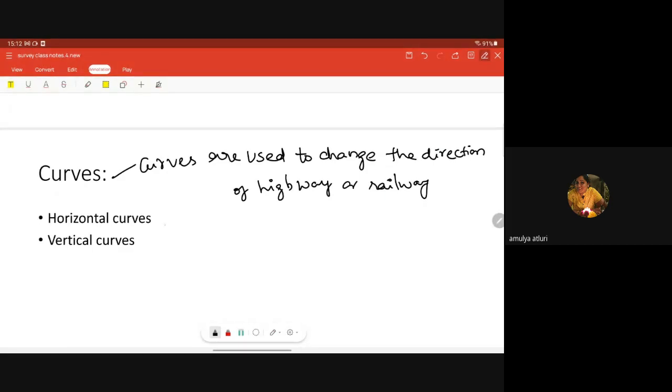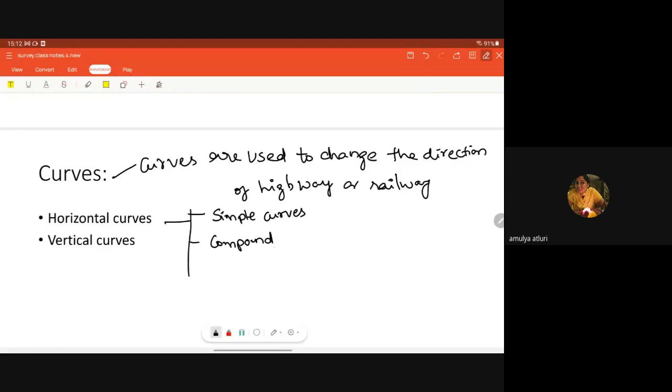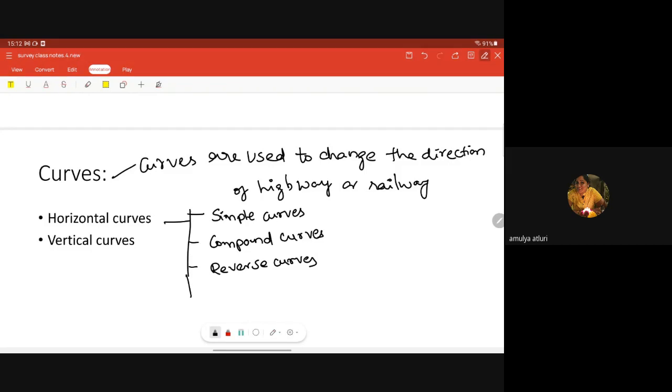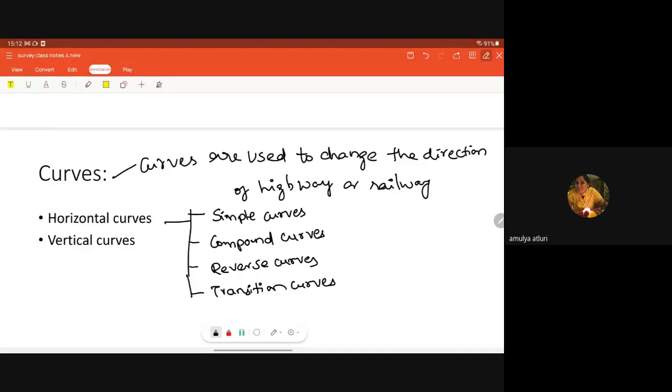The horizontal curves are again classified into simple curves, compound curves, reverse curves, and transition curves. So these all come under horizontal curves.